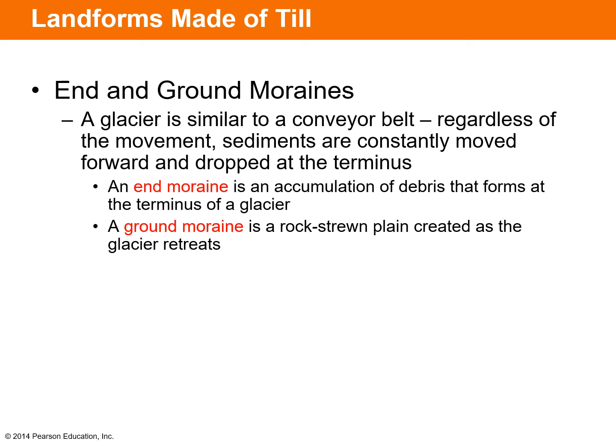So regardless of the movement of the glacier, sediments are constantly moved forward and then dropped at the terminus or the end of the glacier. So an end moraine is an accumulation of debris that forms at the terminus or the end of the glacier as a result of that conveyor belt moving sediment.